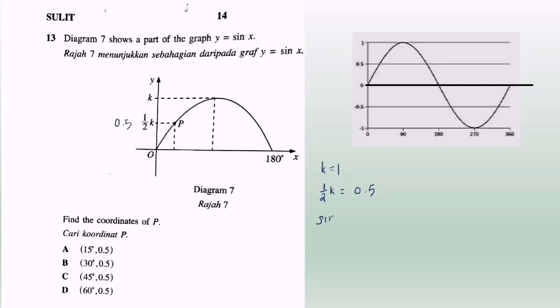When sine x equals 0.5, the value of x is sine inverse of 0.5. By using calculator, you can get the value of x equals 30 degree. So P is 30 degrees and 0.5. So the answer is B.